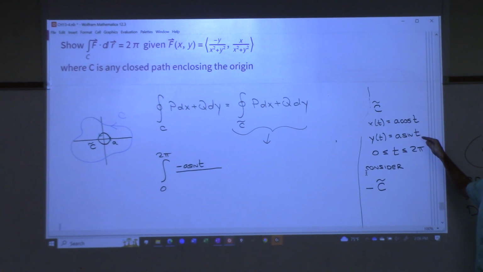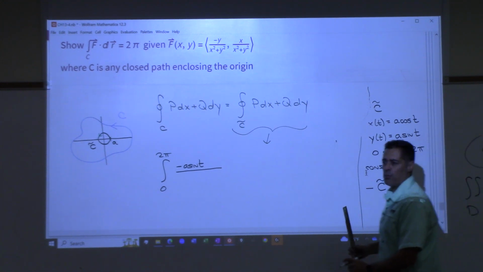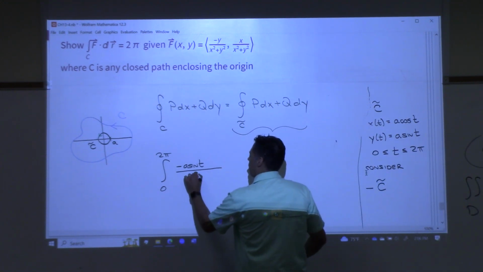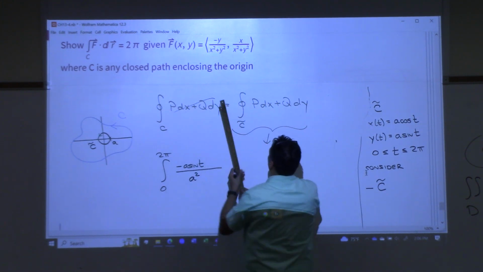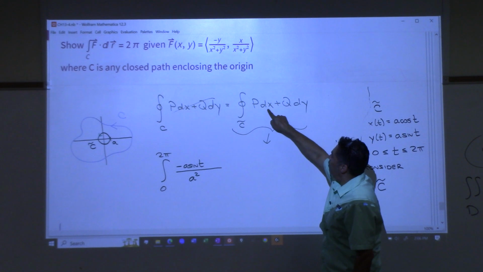Not quite 1, almost 1. A squared. If you square this and square that and add it together, you can factor out an a squared, and then the sine squared and cosine squared turn into 1. Should I show it or no? No? Okay, so the bottom is just a squared, isn't it? That's P. Now what's dx?